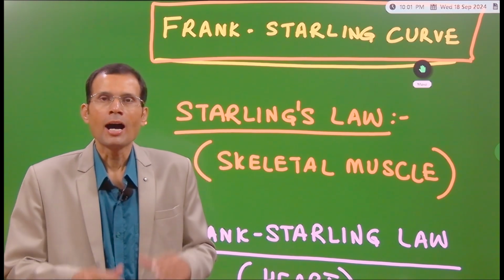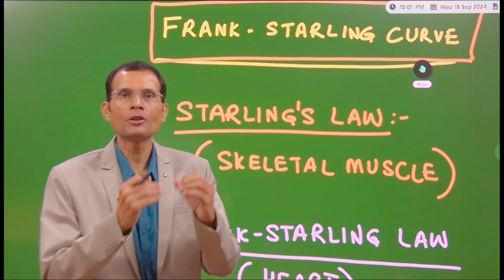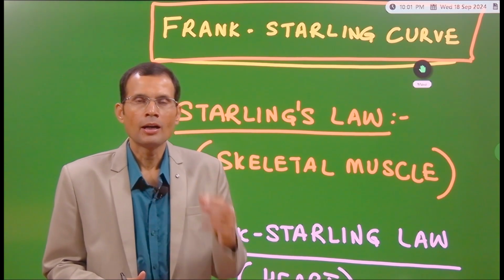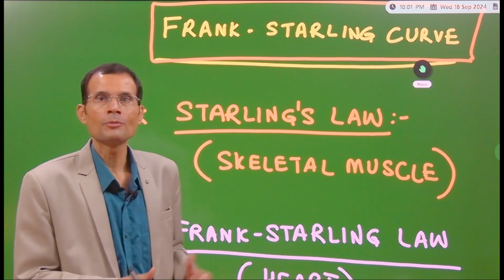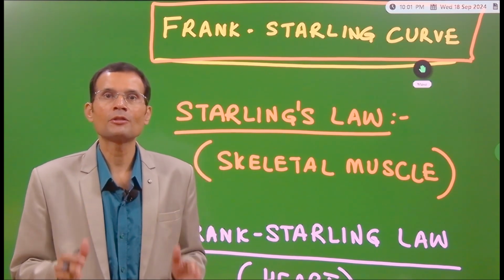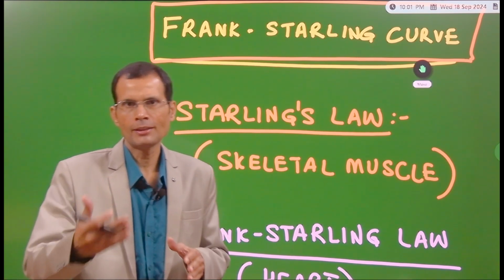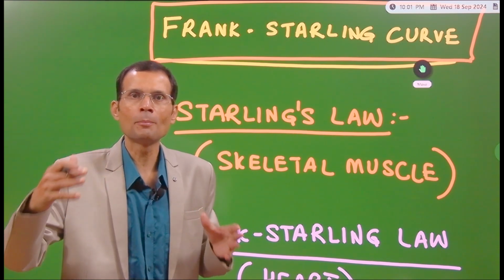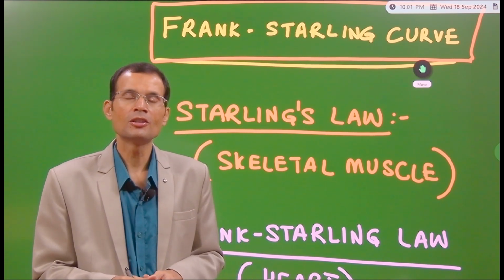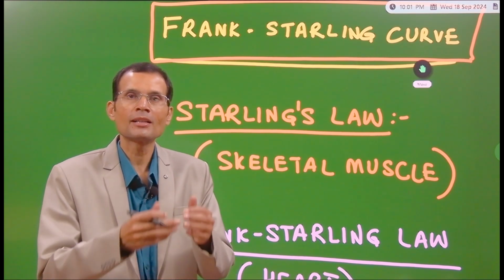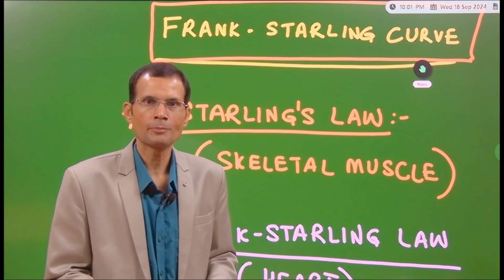We are talking about how strong a muscle will contract. It depends on various factors, but we are talking about the length of the muscle fiber. Length of the muscle or length of the muscle fiber inside that muscle, or inside the muscle fiber there is sarcomere, so length of the sarcomere.